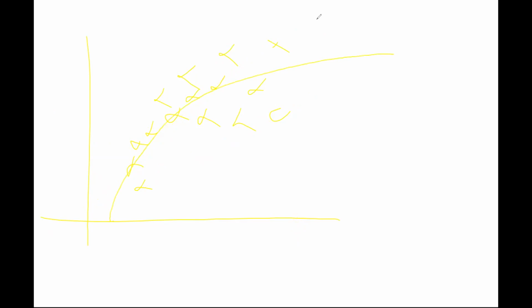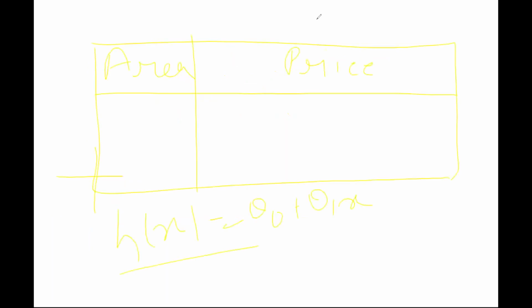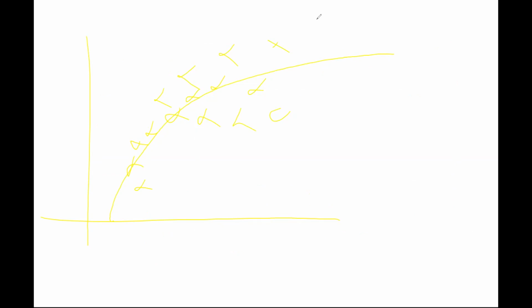If we use some other polynomial equation, then only we can get this curve. With this single line equation we can't get it, even with multiple variables. But if we have some other terms, in that case we can get this curve. Am I clear?